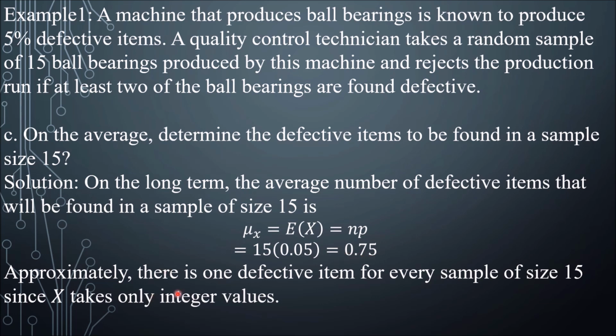Meaning to say, there is 1 defective item for every sample of size 15. Since x takes only integer values, 0.75 is nearly equal to 1. So there is 1 defective item for every 15 ball bearings.